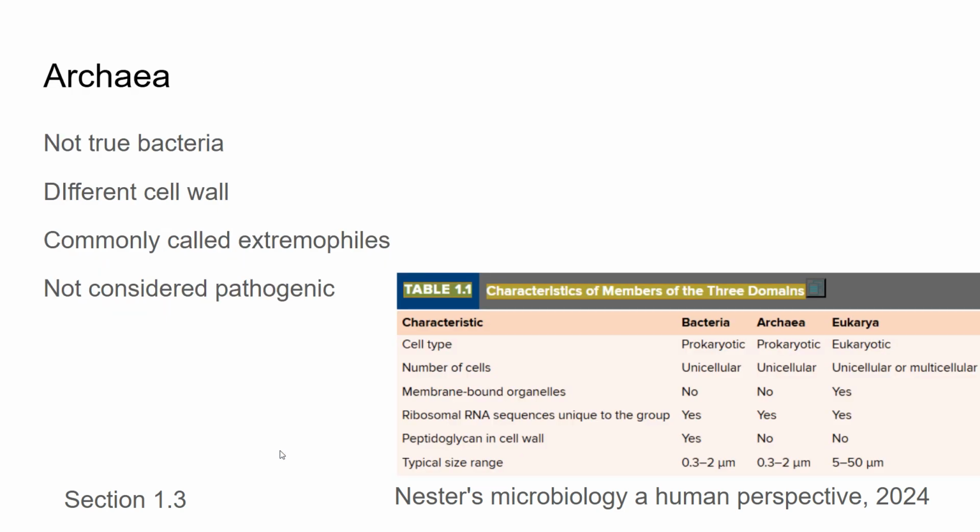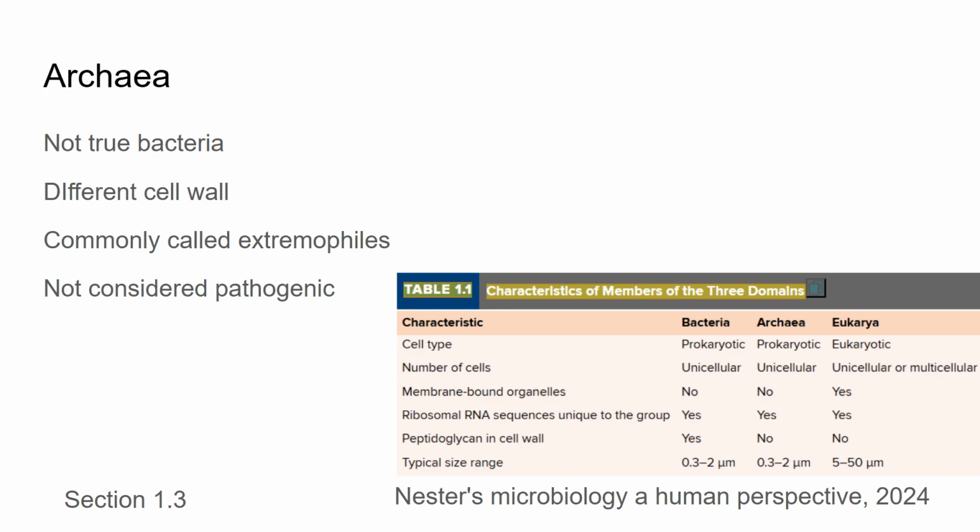So I said we would get back to archaea. Archaea is kind of special because it's not actually true bacteria. It has a different kind of cell wall, and we commonly call them extremophiles. That's because they can survive in extreme environments that most life can't. For example, if anyone's familiar with the Great Salt Lake in Utah, there's things called halophiles or salt lovers. These are types of archaea that can survive in the very salty water found there.